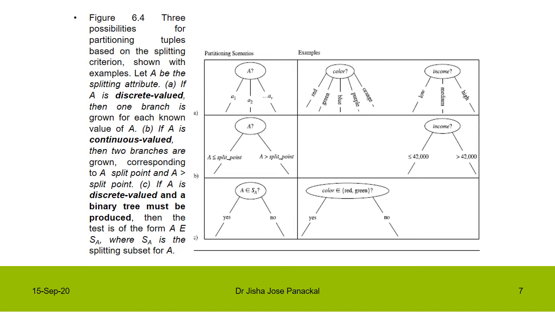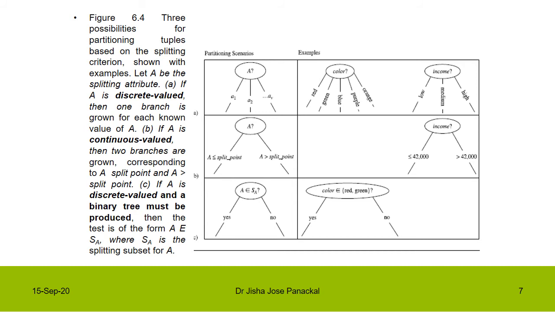And if A is discrete valued and a binary tree must be produced, that is the other case. That is, A is an element of SA. Yes or no. That is a kind of binary type, and we can generate a binary tree based on this. For example, the attribute color which belongs to red or green.